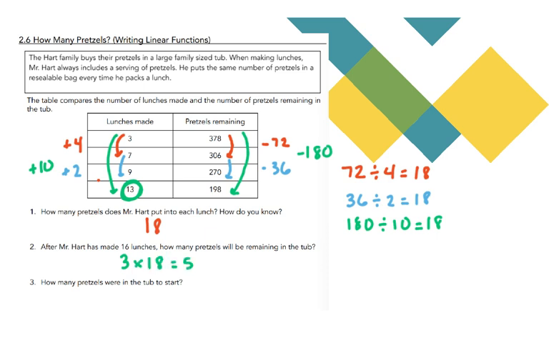And what does that make? That makes 54 he's going to use to make these 3 more lunches. Well, he only had 198 to start with, and now he's used up 54 of them. So what does he have left? He has 144 left.